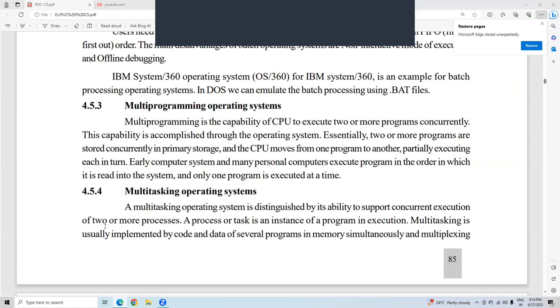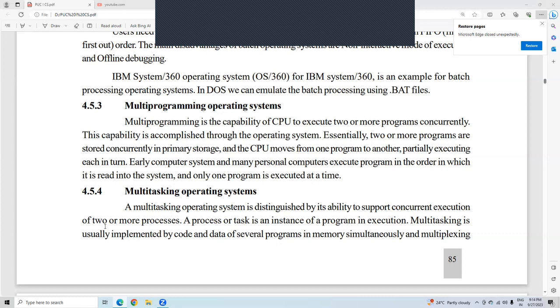Essentially, two or more programs are stored concurrently in the primary storage, and the CPU moves from one program to another, partially executing each in turn.